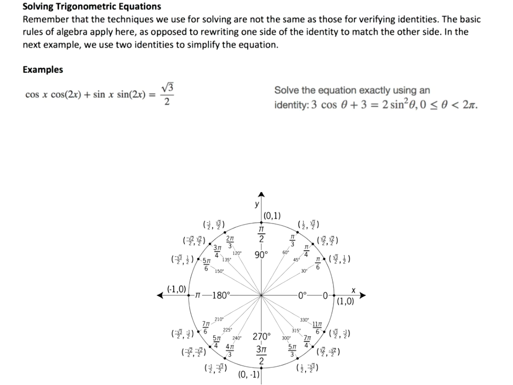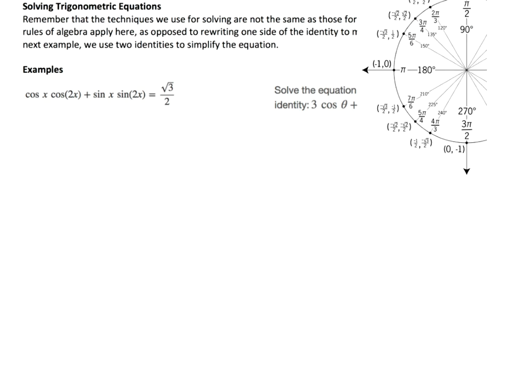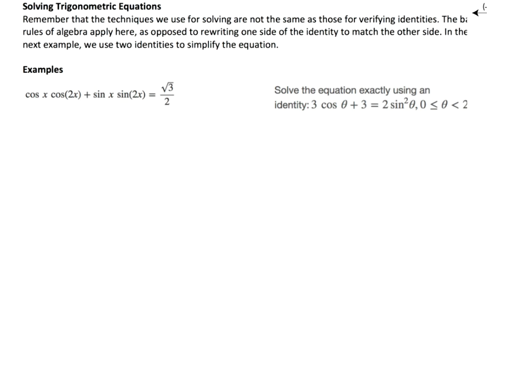And this first one, I hope I have enough room to fit at least the first line of it on here. Okay, so the first thing that I noticed was that I had cosine of one angle times the cosine of another angle. So that's cosine alpha times cosine beta.